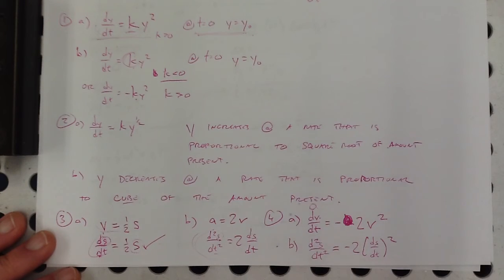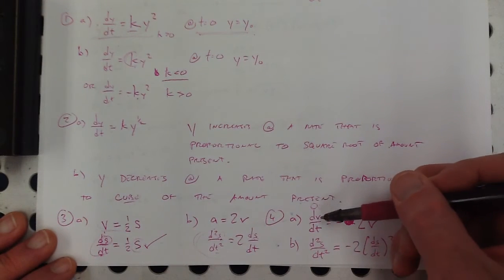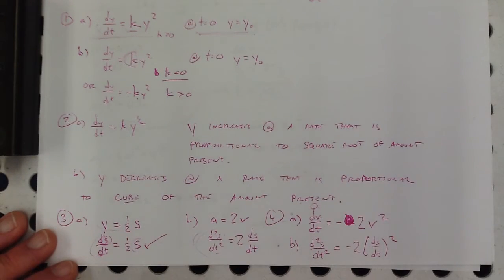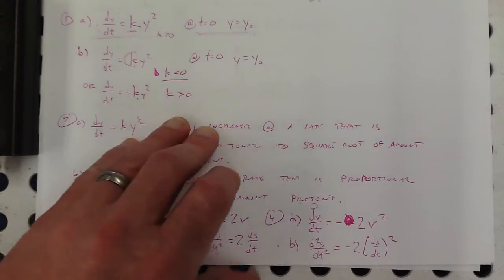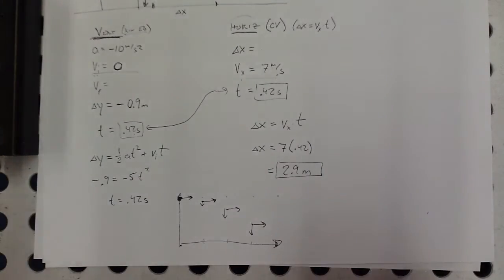We just rewrote things in terms of position, right? Because we know this relationship between acceleration, velocity, and position, that they're all derivatives or antiderivatives of each other.